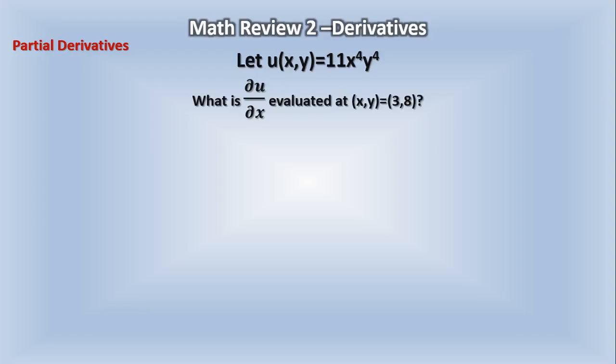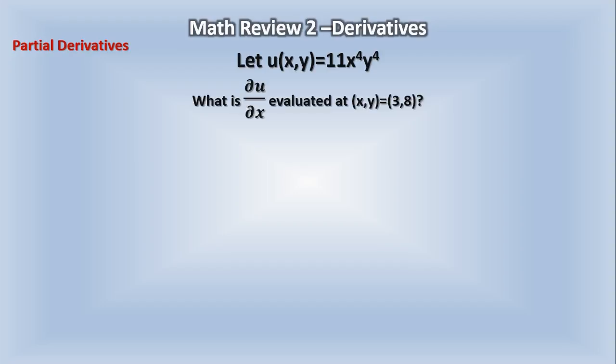There's slightly different notation for a partial versus a normal derivative. For normal derivatives it would be du dx. When you're taking a partial derivative, because the function is a function of more than one variable, you use this kind of weird upside down 9 partial sign. So let's say we're looking for the partial derivative of our utility function, the marginal utility of u with respect to x, evaluated at x equals 3 and y equals 8.